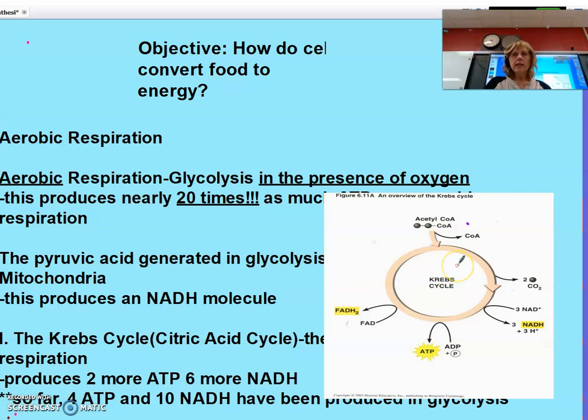So let's talk about the Krebs cycle and citric acid cycle. In the presence of oxygen, we have something called aerobic respiration. Aerobic means with oxygen, anaerobic means without oxygen.